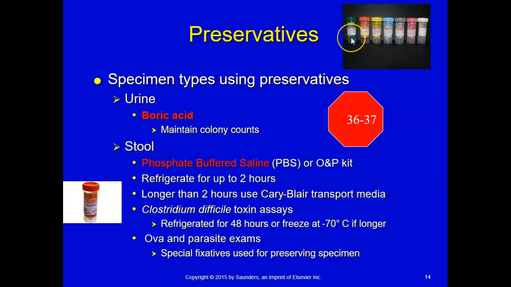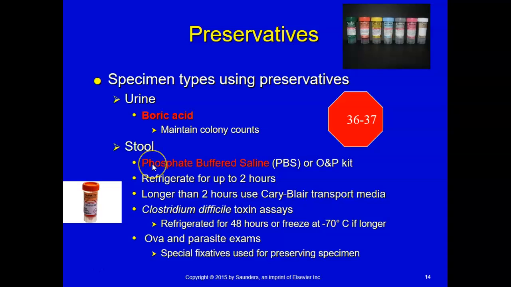So this one, the green top, is for ova and parasites. It has formalin and PVA in it. This orange one has Cary-Blair, and this white one is empty. It has nothing, no preservatives. It's just a sterile container. So I've never worked anywhere where I had any of them but these three. For parasites, culture, a few serology tests, and then the empty sterile container.